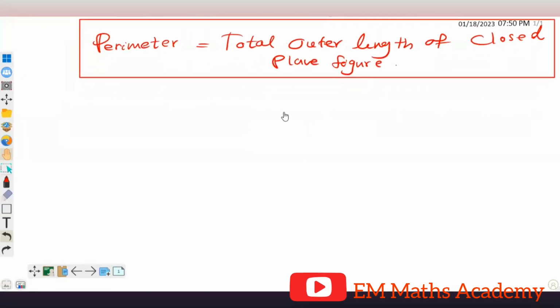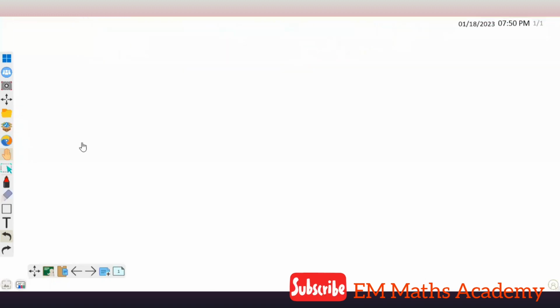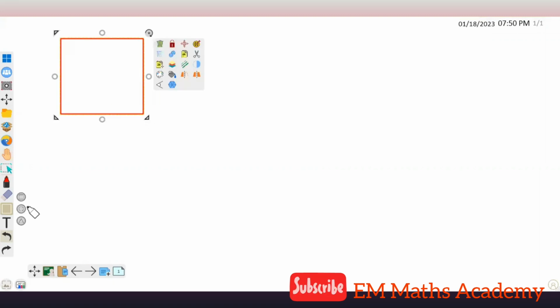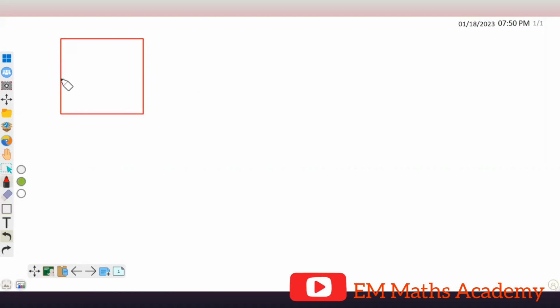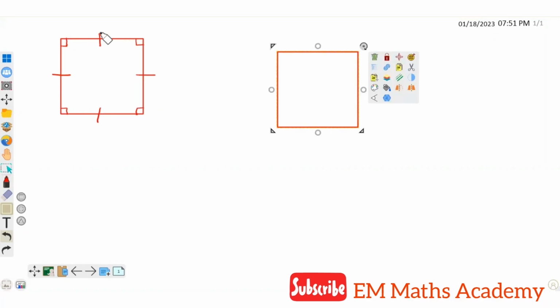If we consider a closed plane figure, okay, now let's see what this one is. It is a square. Then if we consider a square, all its sides are equal. Then how do we identify that this is a square? We can use a small line, or the number of lines, to indicate the equality of the sides, or that the lengths of the straight line segments are equal.